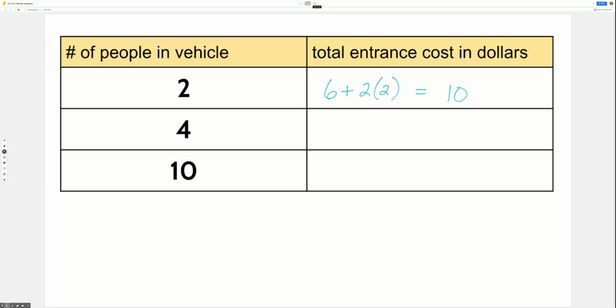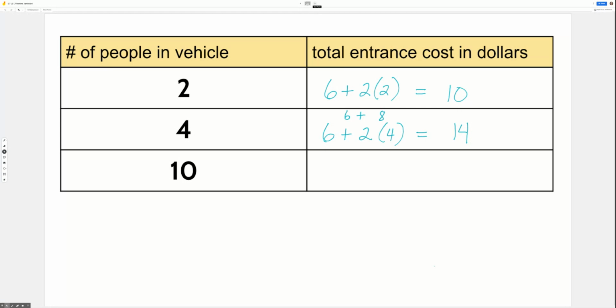Again, we've got to pay $6 before we can even figure out our costs per person. And we have $2 per person, but this time we have 4 people, and 2 times 4 is 8. So I really am doing 6 plus 8, and that's going to get $14 for 4 people to get in.